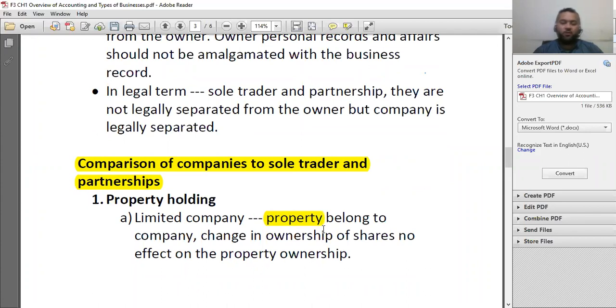When you are purchasing a property, there are two parties, one is the seller and one is the purchaser. They will have a contract, a transfer of land, a transfer of property. So as we have stated that a company can enter into a contract by its own name, it means there may be property registered with the government in the name of the company. Clear or not?